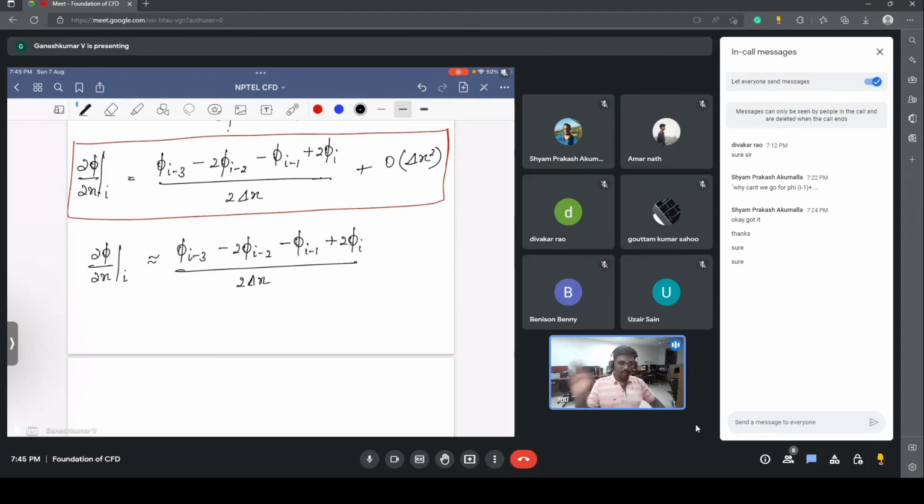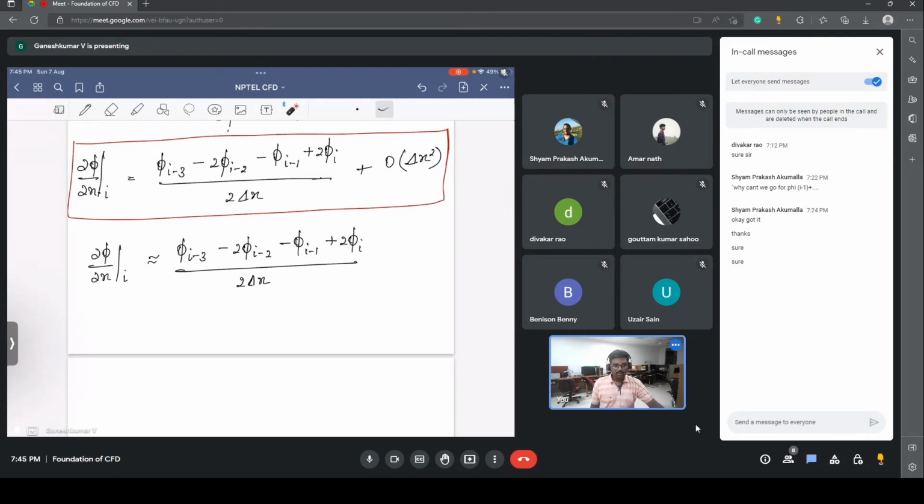So I have removed the order of delta x square term, and I'm saying that dou phi by dou x is approximately equal to this whole term. This is how you construct any scheme. This is a second order scheme because the first truncated term is in the order of delta x square.